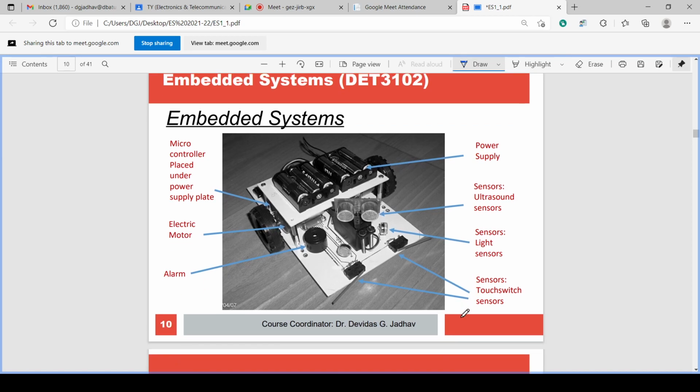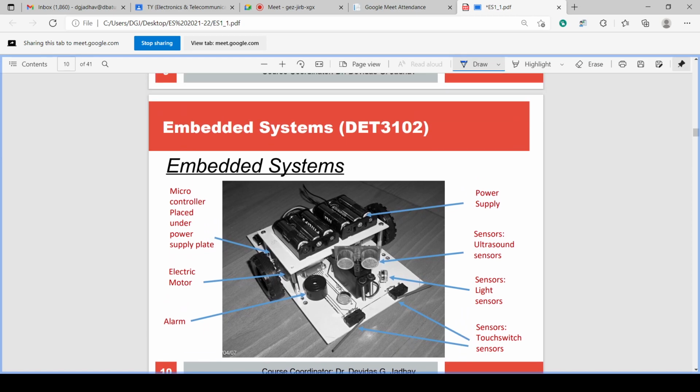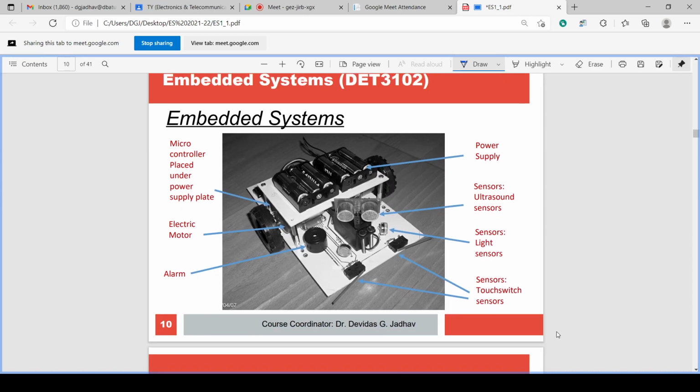So how is an embedded system in general? An embedded system in general is like this. Here a vehicle or buggy or small robotic vehicle is shown.